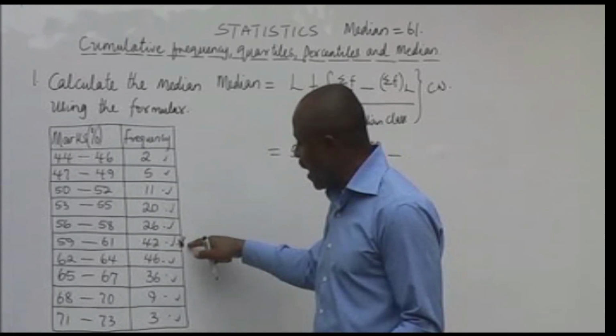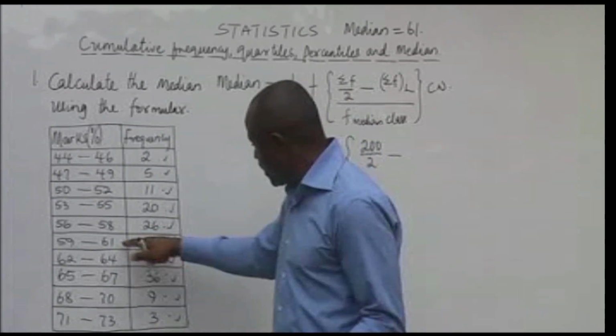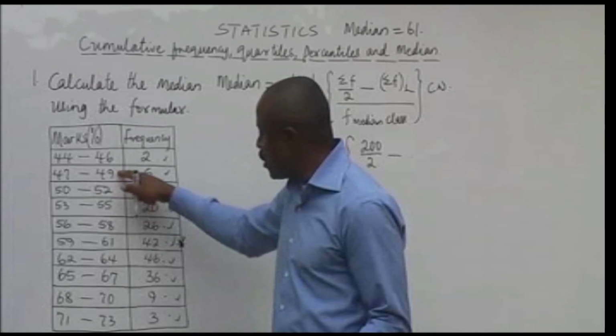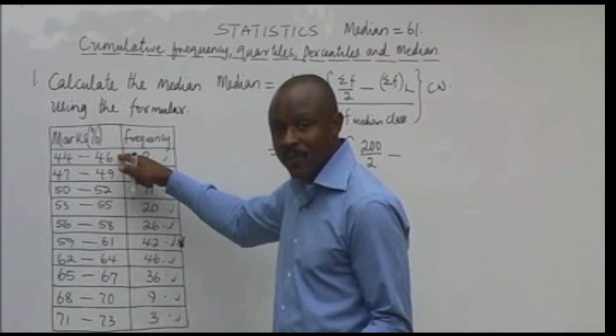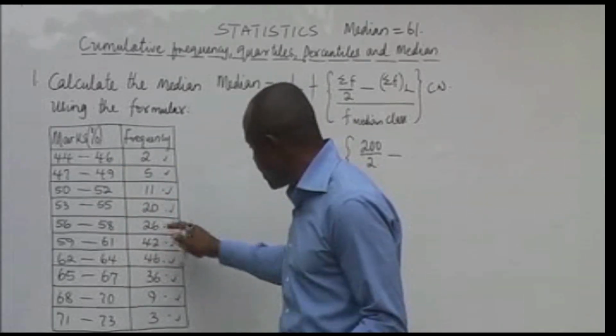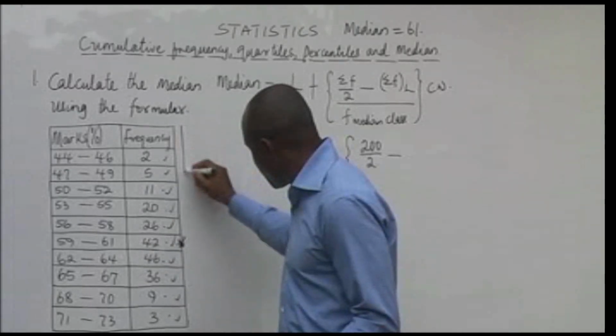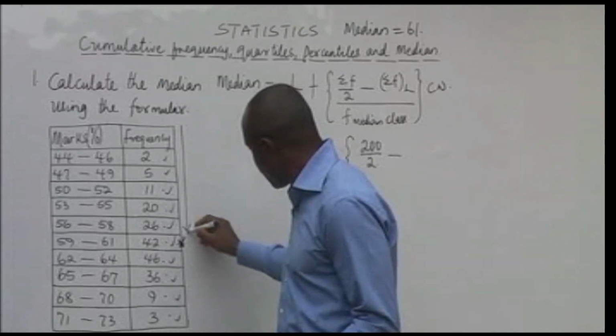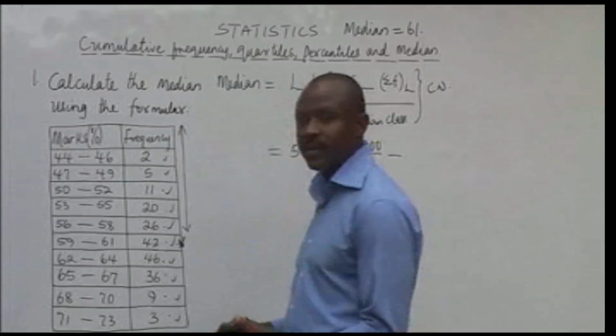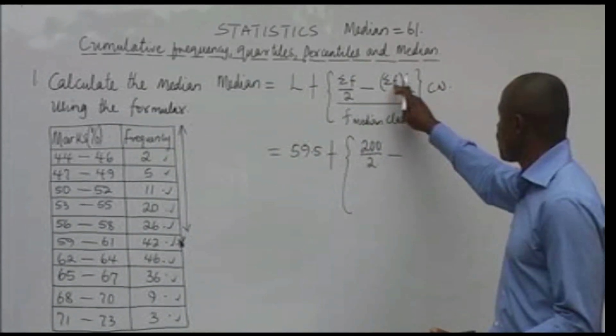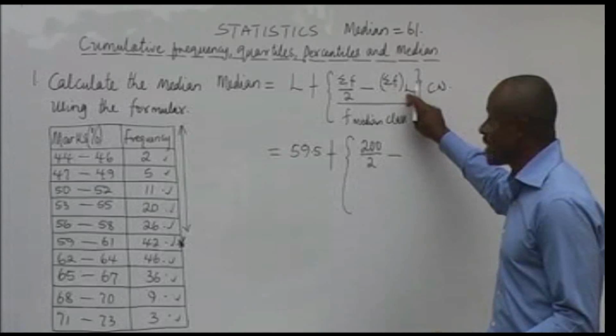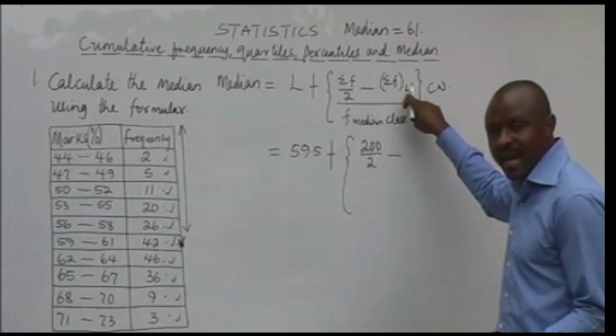The frequencies are, because you know, if this is the median class, all these other classes are below the median class. That means the frequencies from here to here, add them together. That's what we mean by summation of frequencies of classes that are lower than the median class.